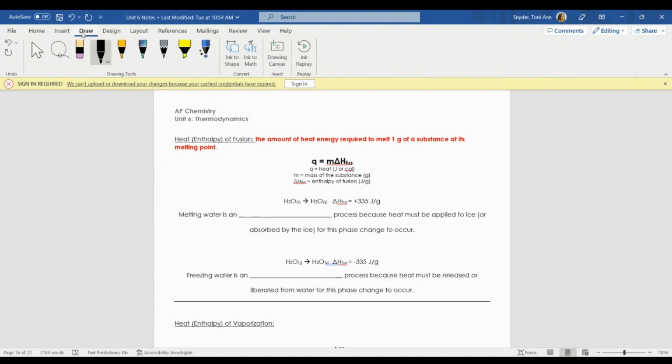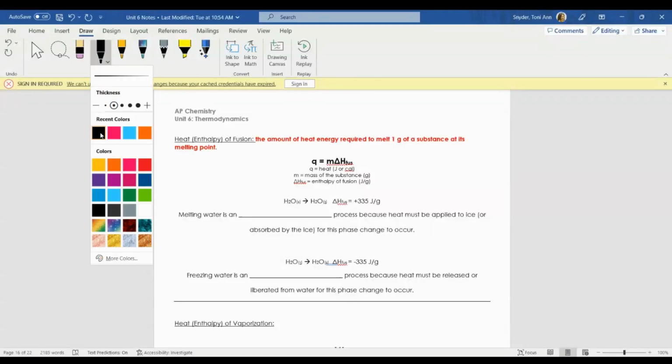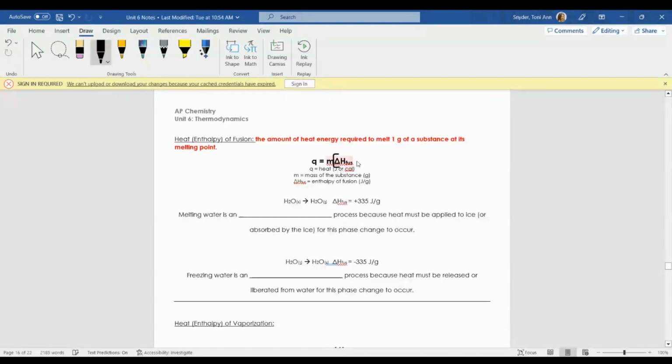So the equation for that is Q equals M times the enthalpy of fusion. So it looks very similar to Q equals MC delta T. But in this case, I have this whole new thing. This is one thing right here, and that's the enthalpy of fusion. And fusion typically is the value that tells us if I'm going from a solid to a liquid or if I'm going from a liquid to a solid.